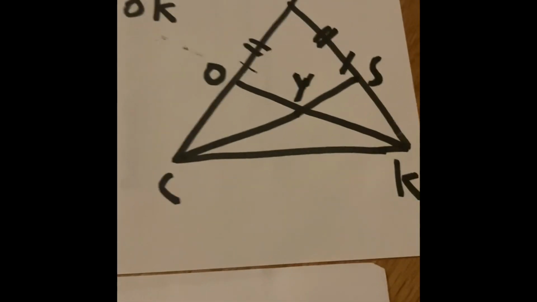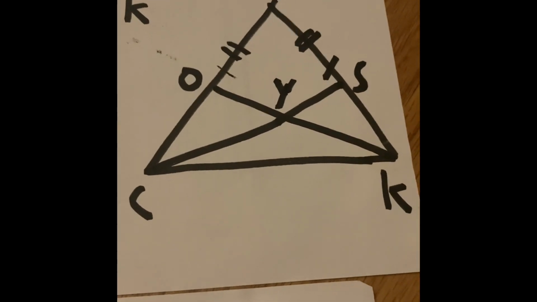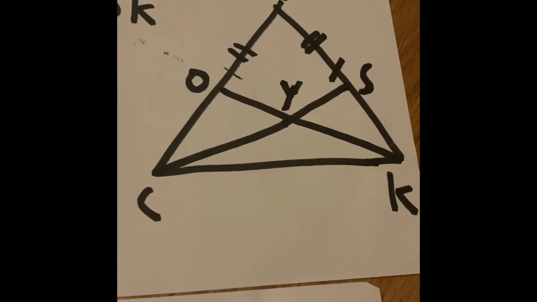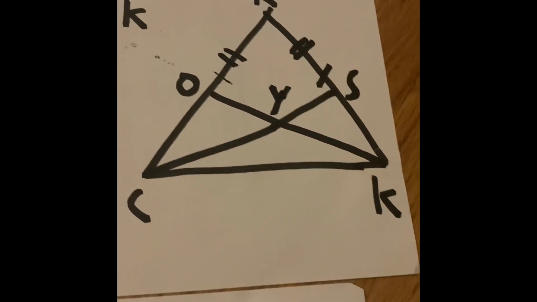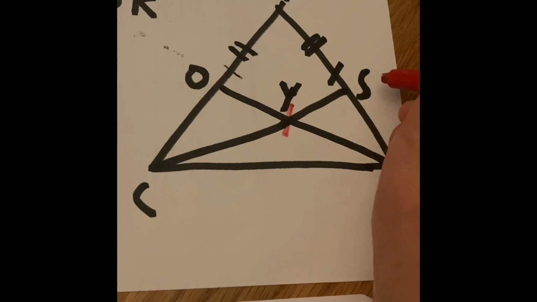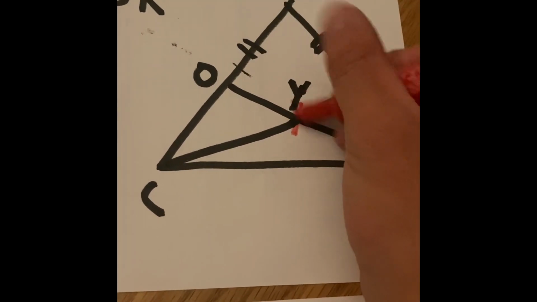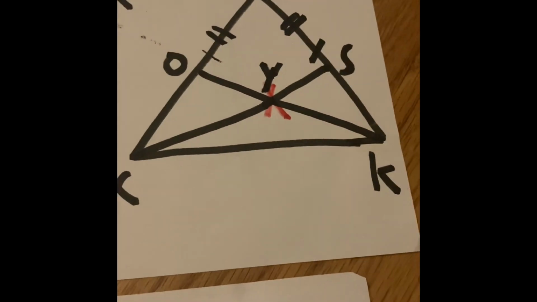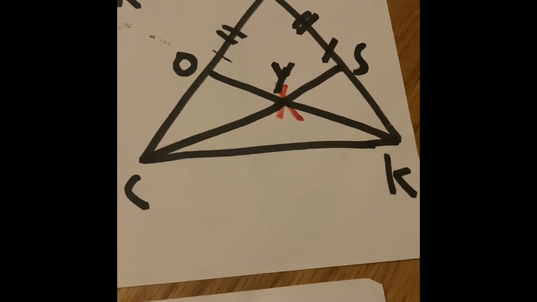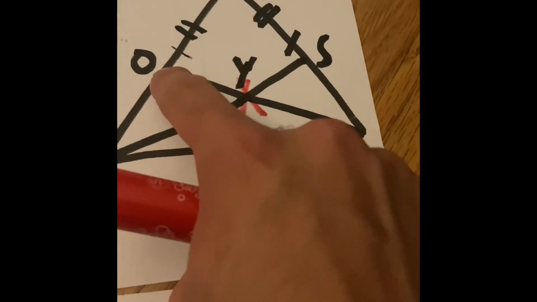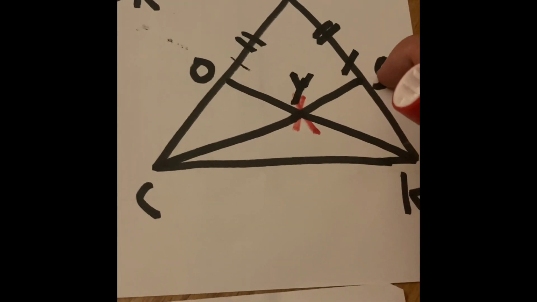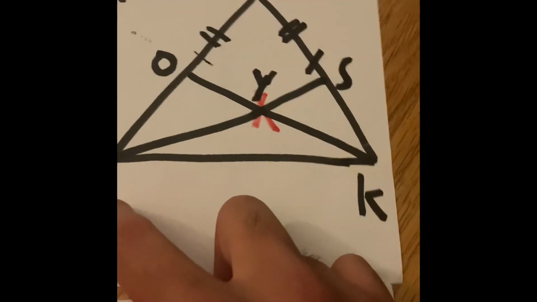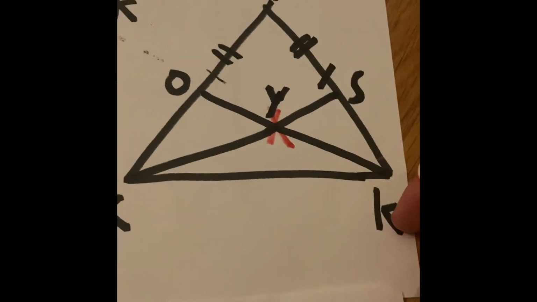But now what can we think about our triangle? Question. If we're trying to prove that OK and SC are congruent, then what can we do? Well, it says that RO and RS are congruent, and it also says that RC and RK are congruent.